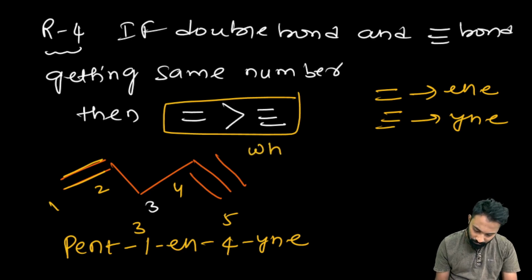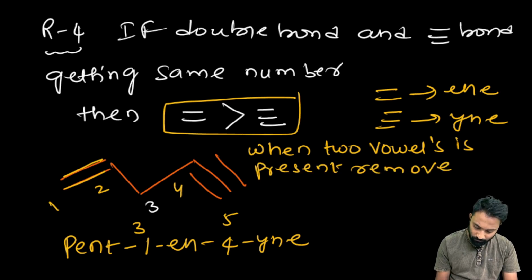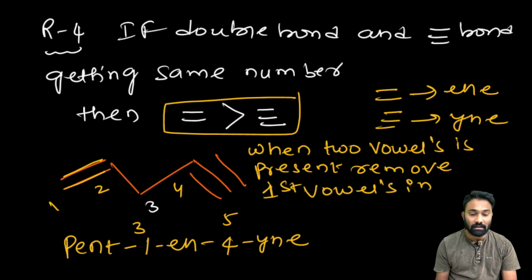When two vowels are present, if two vowels are present, remove the first vowel. Clear? Remove the first vowel in naming.